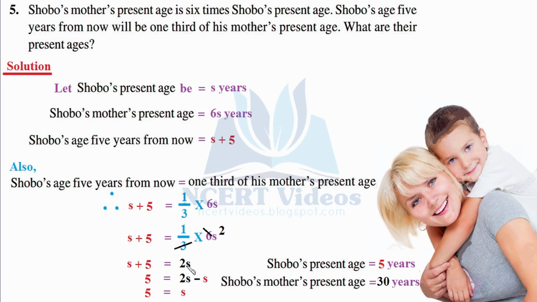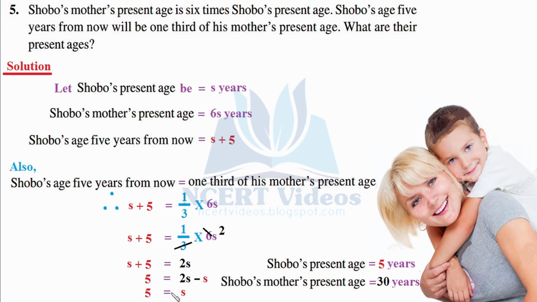Here it will become minus. So 5 as it is on the left hand side equal to 2S on the right hand side as it is. And transposing positive S towards the right hand side, it becomes minus S. Solve it. 2S minus S is simply S, and on the left hand side 5 as it is. Henceforth, the value of S is separated and its value came as 5.